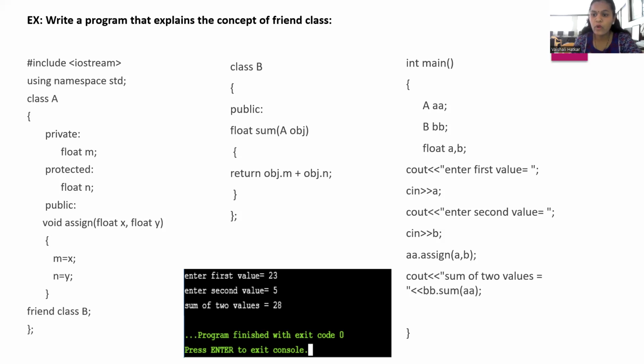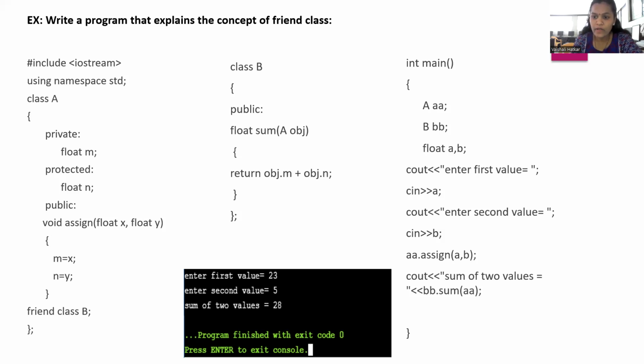Here the main function starts, and the program begins execution from the main function. We are creating two objects, for class A and class B: class A's object is AA and class B's object is BB. Here float A and B are two variables to accept two numbers from the user.